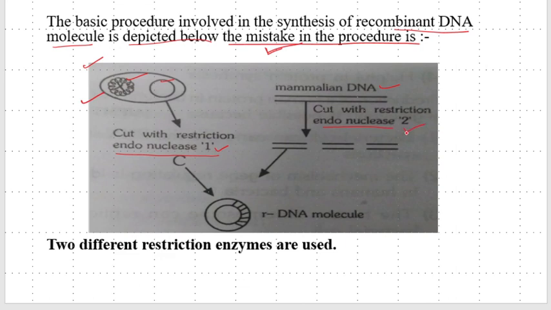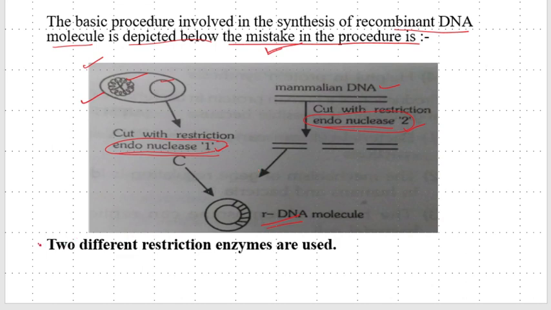You must have caught the fault: here endonuclease 2 is given and here endonuclease 1. This DNA will not be able to become recombinant DNA because we have used different types of restriction endonuclease. That is the mistake they have made.